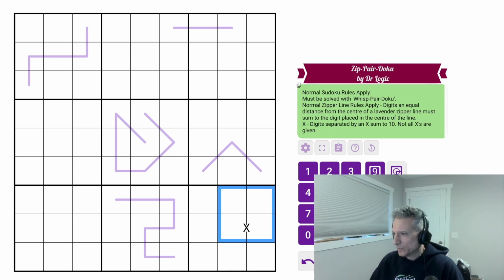Sure. So first of all, normal zipper line rules apply, but if you don't know what those are, digits an equal distance from the center of a zipper line must sum to the digit placed in the center of the line.